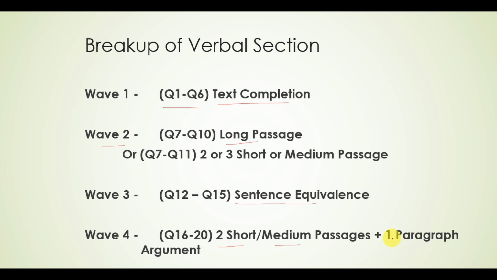You may also get 1 paragraph argument, which is a bit similar to reading comprehension, but instead of a straightforward reading comprehension type question, you have to answer this question a bit logically.